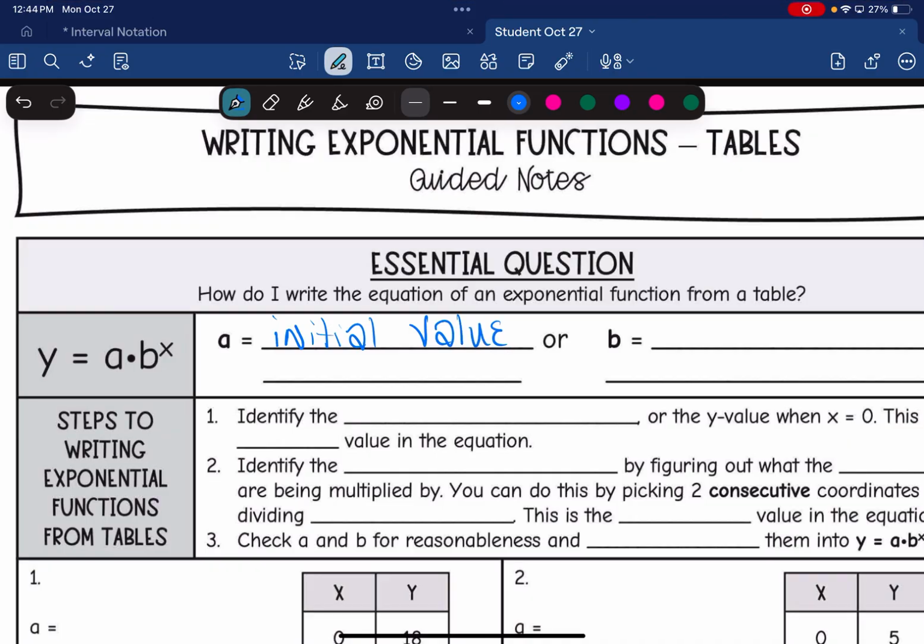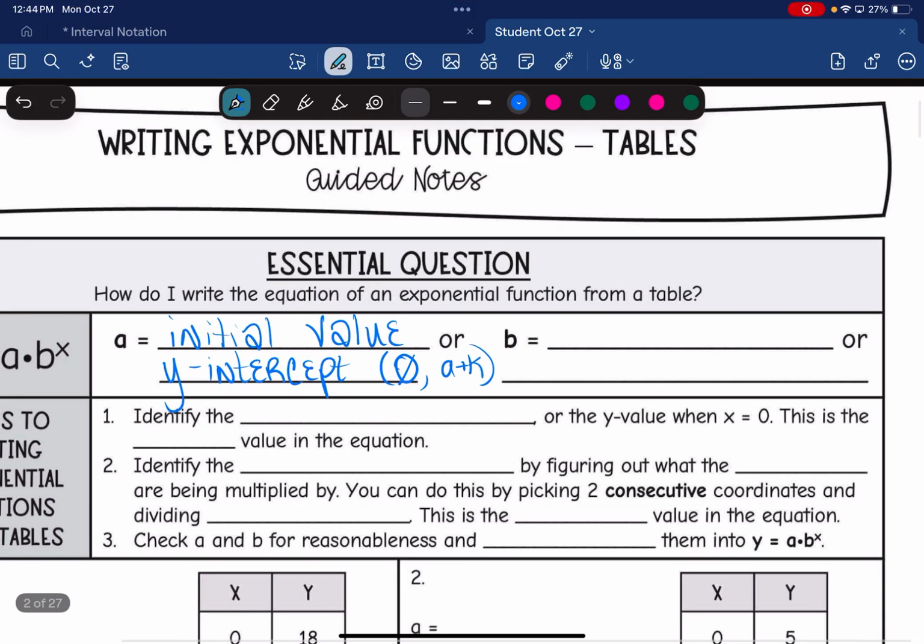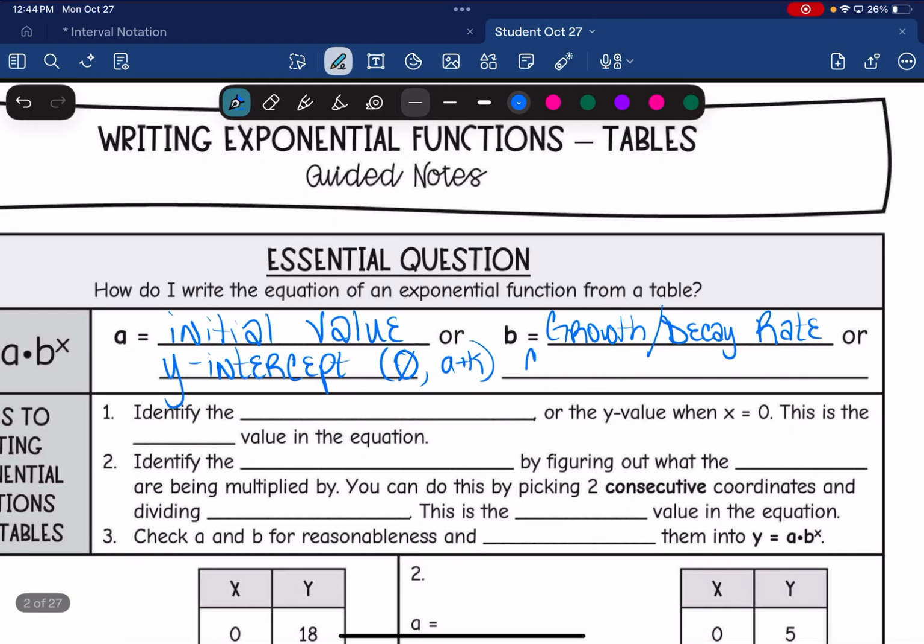That is also your y-intercept, Sienna, because to find my y-intercept, we take 0 and then A plus K. Your B is your growth/decay rate. We also call it our common ratio. You will hear it said as common ratio.